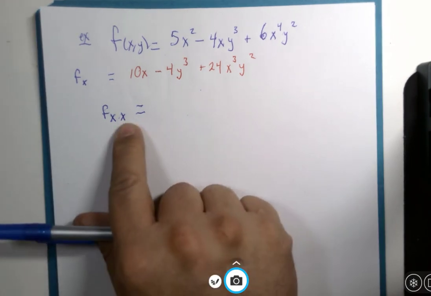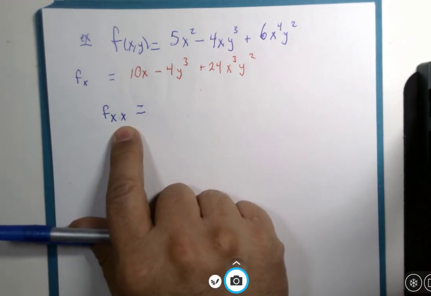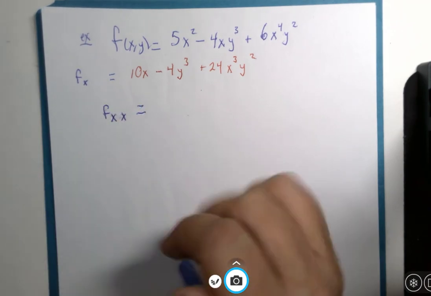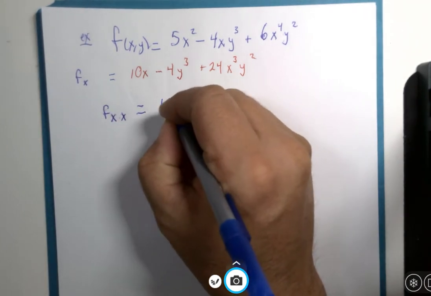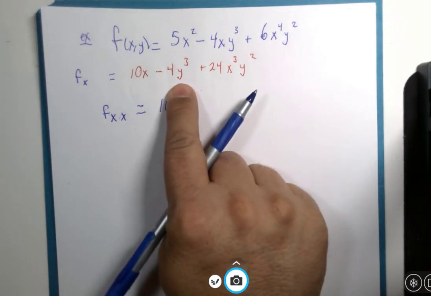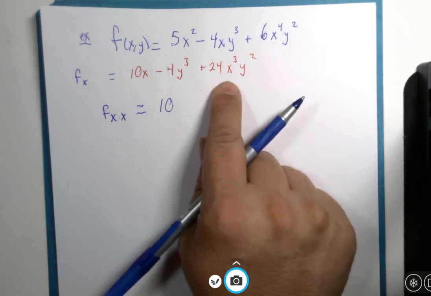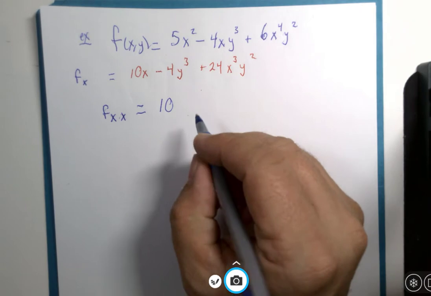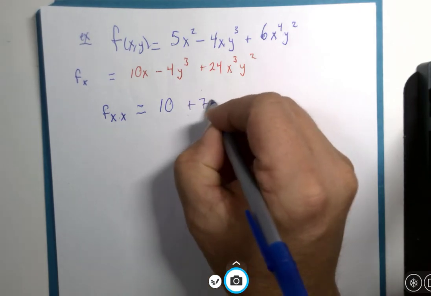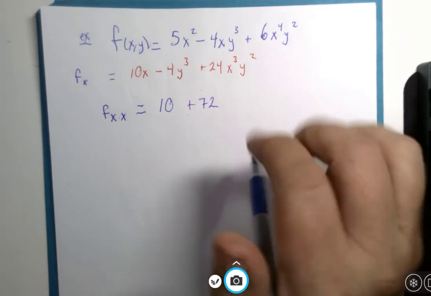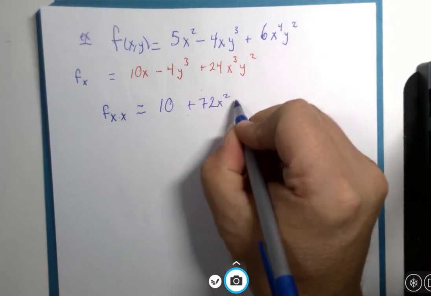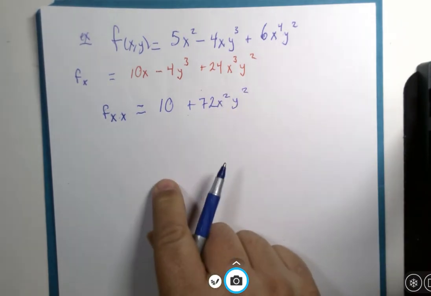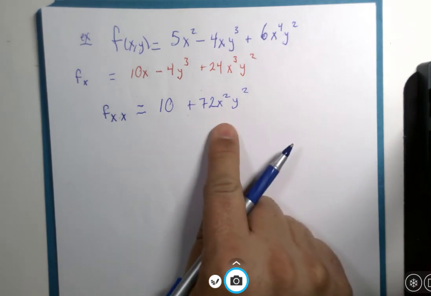So if x is the variable for the second one, then the derivative of 10x is 10. This has no x's in it, therefore it is constant. The derivative of a constant is 0. This does have x's in it. 3 times 24 is 72. And it would be x squared and then y squared. So this would be the second partial derivative with respect to x.